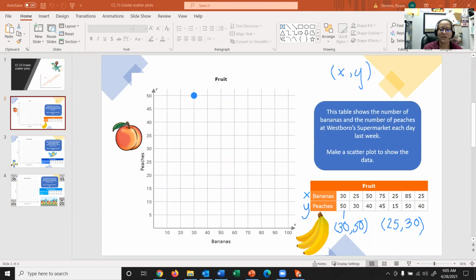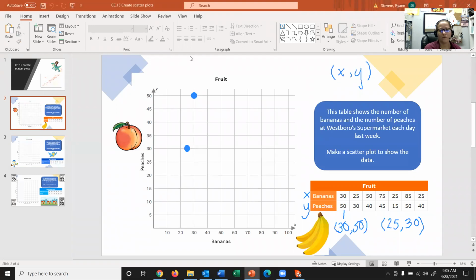The x-axis is going to increase by 10, so we're just going to go between 20 and 30, and that's going to tell us that we're at about 25. Then we go up to 30 and place a point right here. We can see that it's kind of in the middle of 20 and 30, so it's about 25.